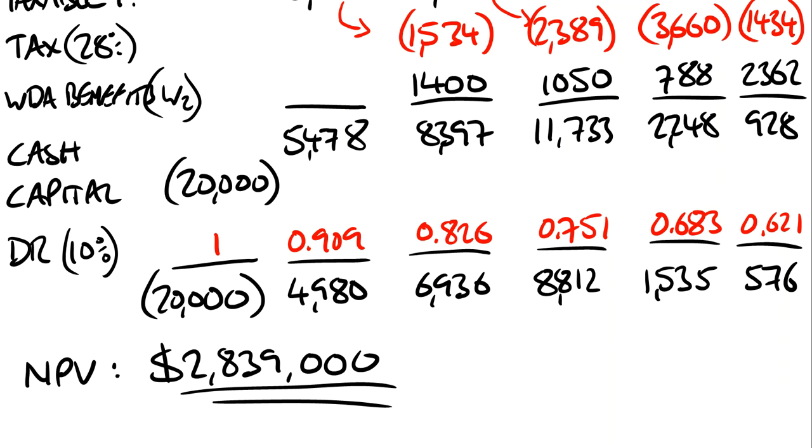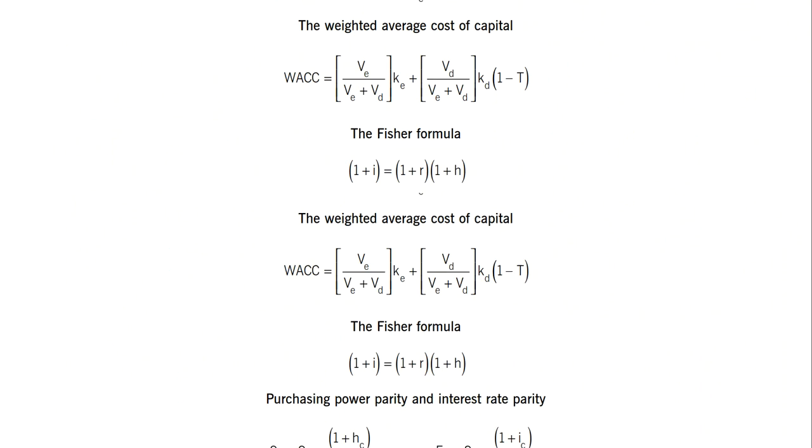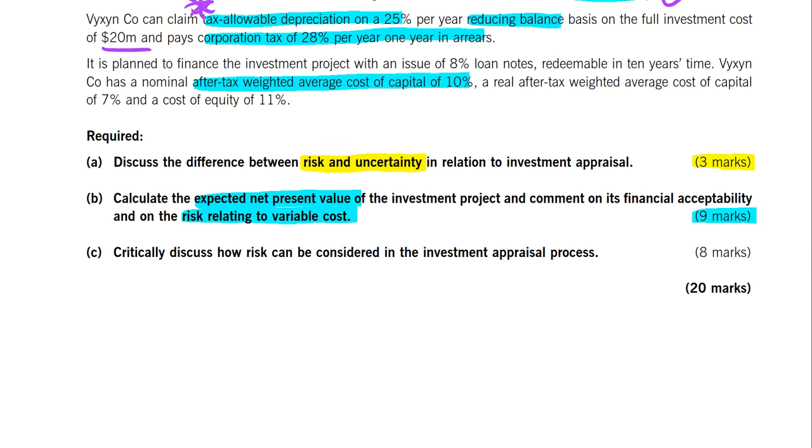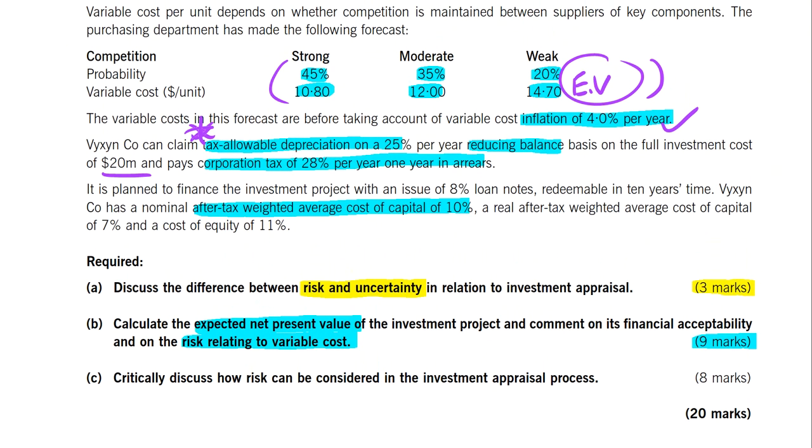Okay, so look, that's no different from really any other NPV that we've looked at up to this point. I suppose what we've got to mention here, because it does say to talk about the risk in the variable cost. So it does say comment on the risk related to the variable cost.